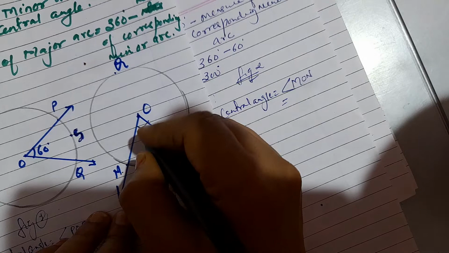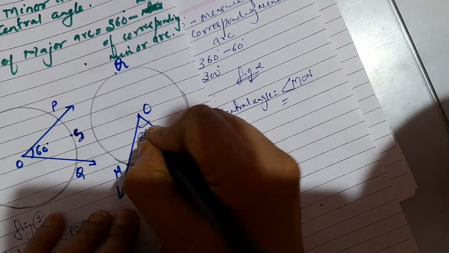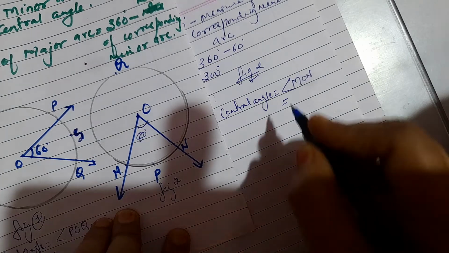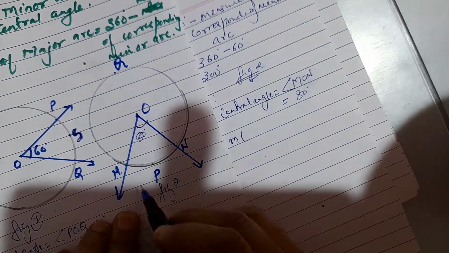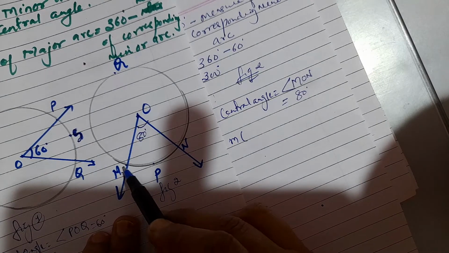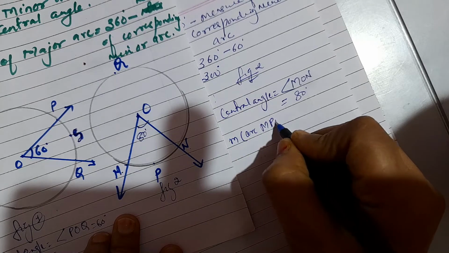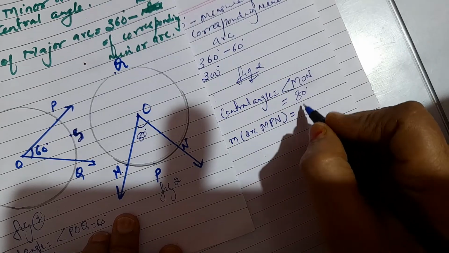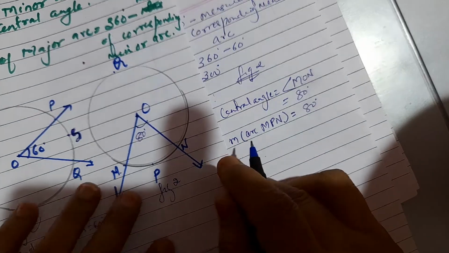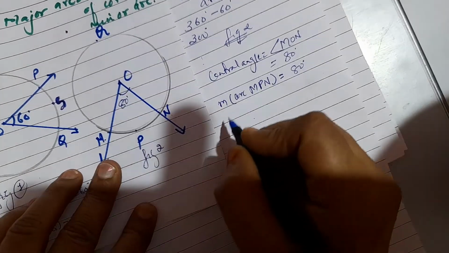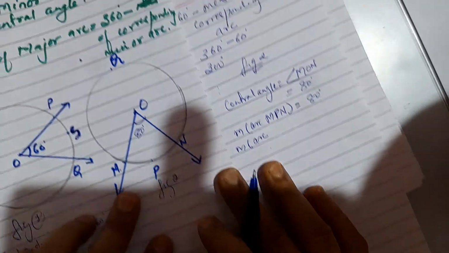Suppose I write here, say for example, 80 degree. So the measure of the angle is equal to 80 degree. Now the measure of the minor arc, what is the name of the minor arc? MPN. Measure of arc MPN is also 80 degree. Why? Both are equal. Now we will find the major arc. So we write measure of arc, what is the name of the major arc here?